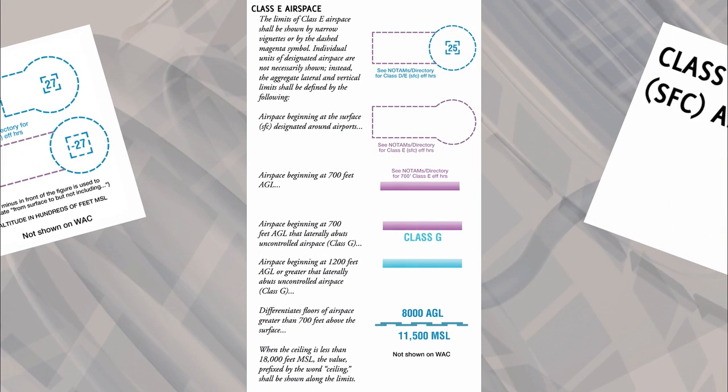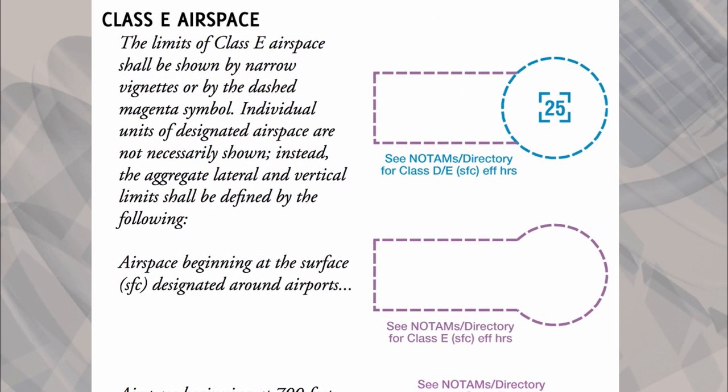All right, so now we're going to look at the same situation. At the top, you've got a Class Delta that goes up to and includes 2,500 feet. And you have an Echo extension out here that is okay to fly in. The Delta, no, but the Class Echo to the surface, yes.